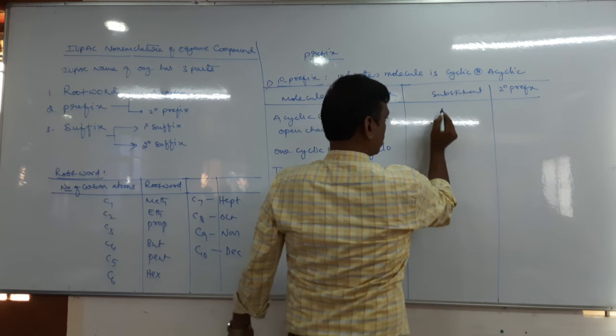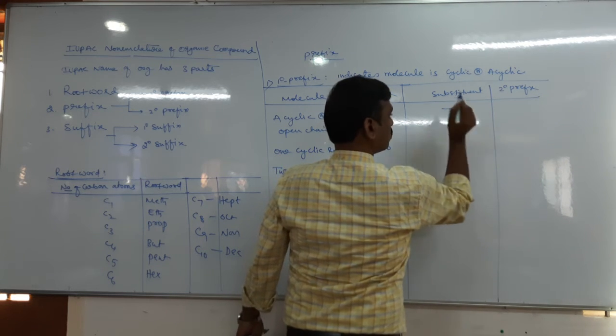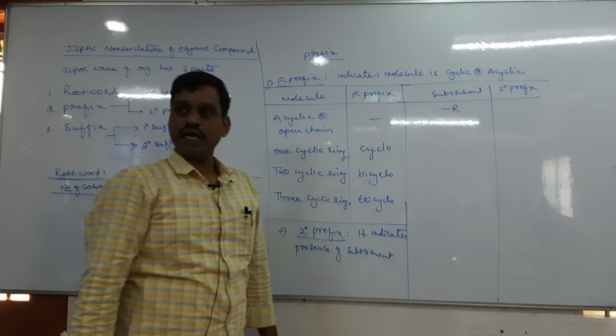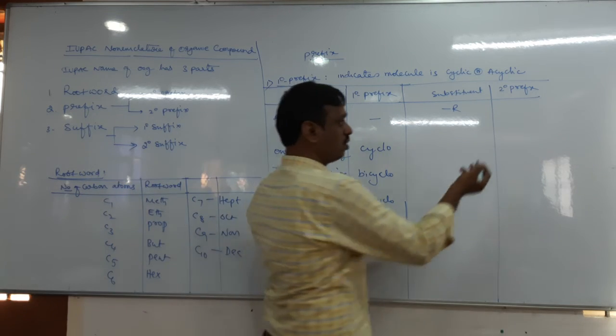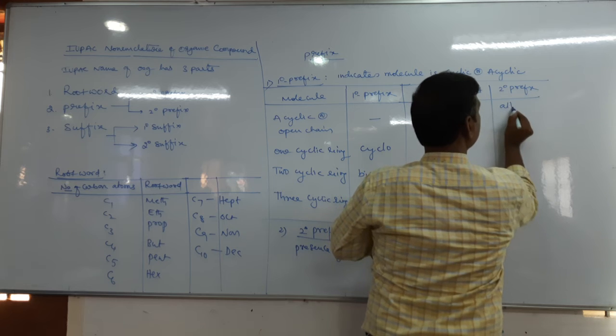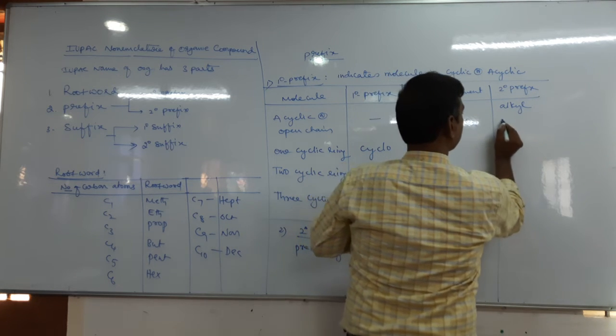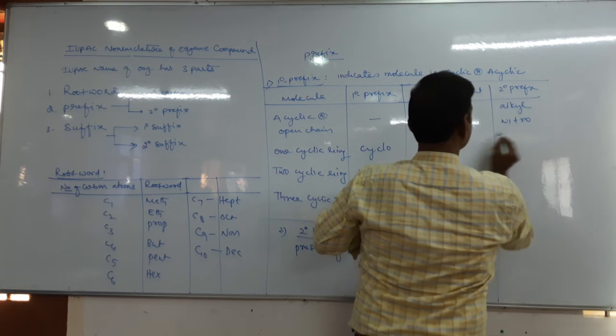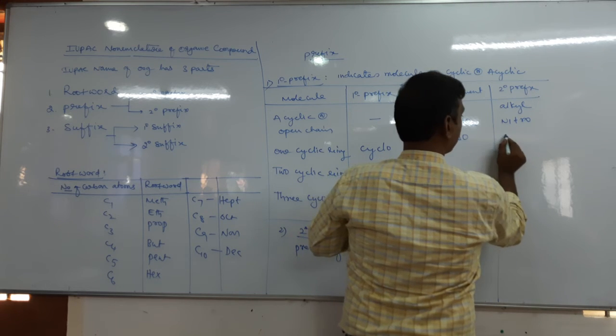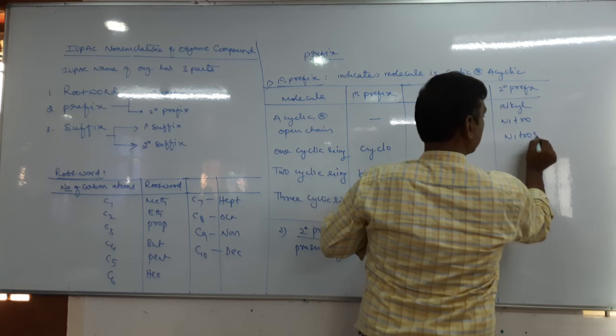If the substituent is R, it is alkyl: methyl, ethyl, propyl. If it is NO2, nitro. If it is NO, nitroso.